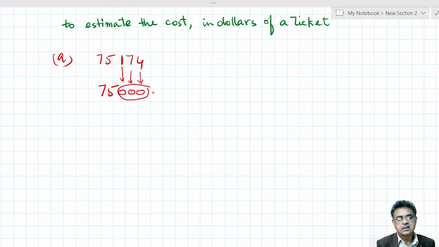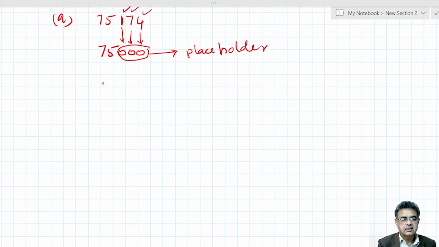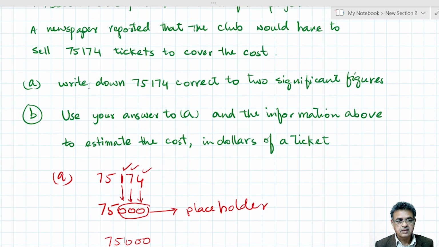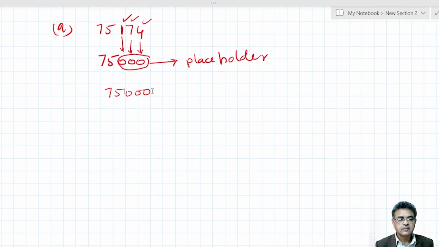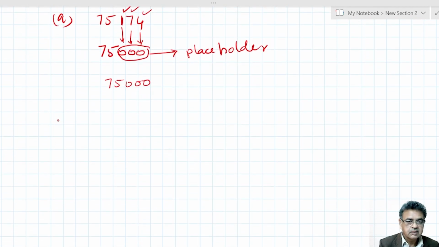Such zeros are called placeholders. These zeros just fill in the places of these three digits. So its answer is 75,000. Sorry, not dollars, this is the number of tickets.